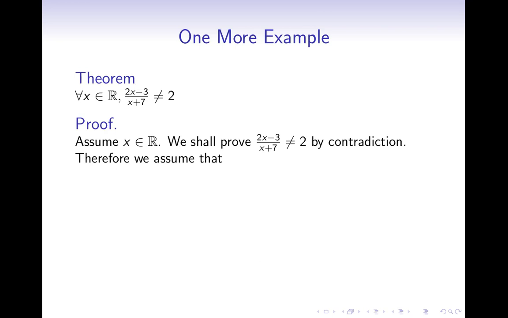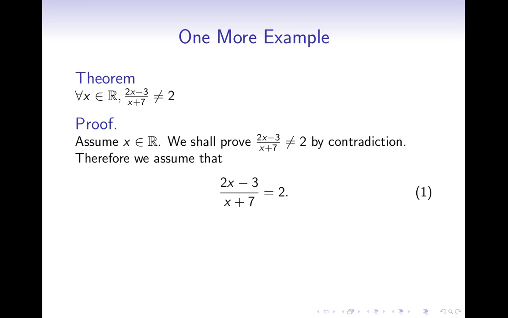So assume x is a real number, and we're going to prove that this fraction 2x minus 3 over x plus 7 is not equal to 2 by contradiction. So we assume that statement is false, which means we're assuming that 2x minus 3 over x plus 7 is equal to 2.